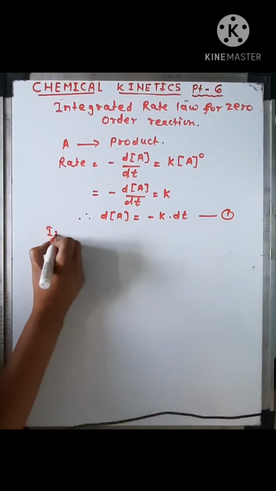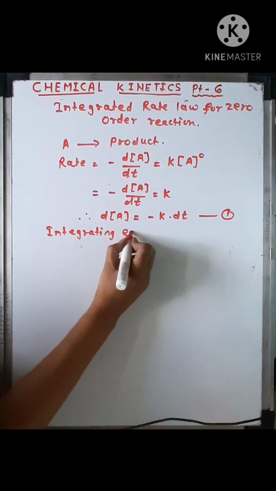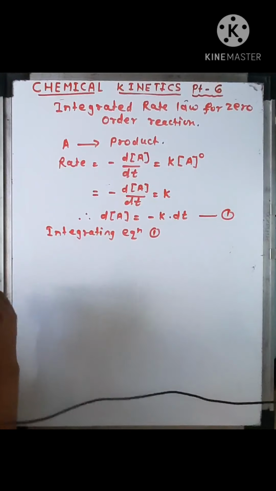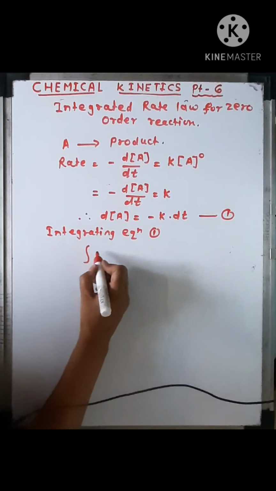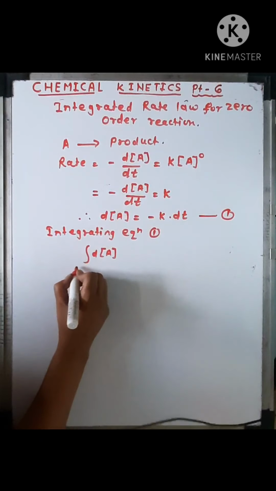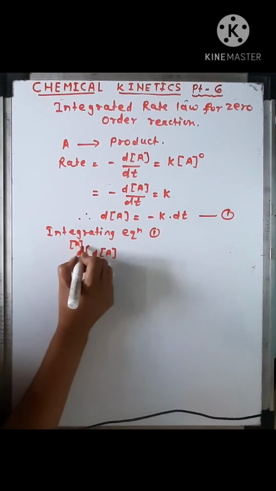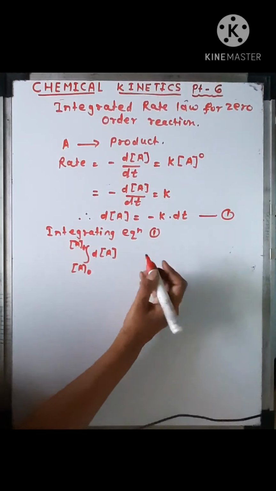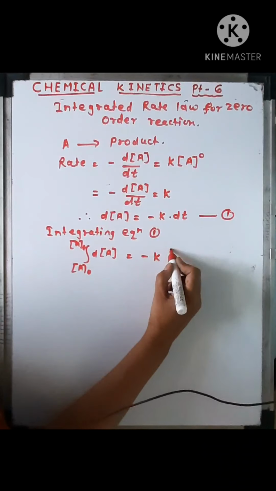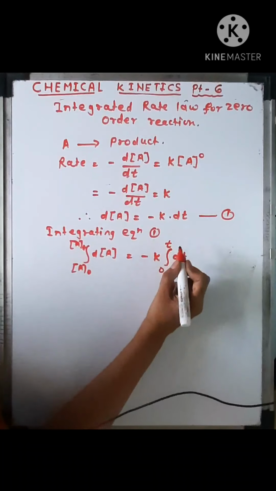Then integrating equation 1 with respect to A, limits A0 to At, of dA is equal to minus K, K is constant, and integration of dt from 0 to t.